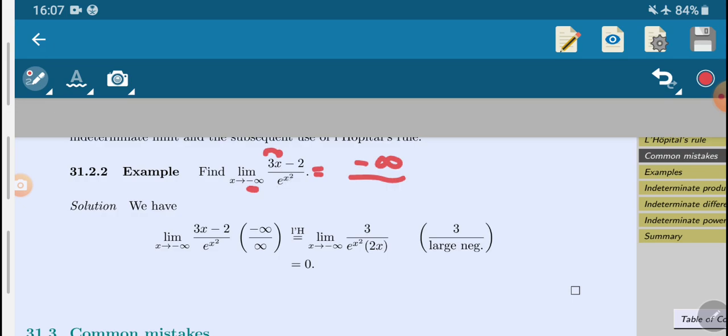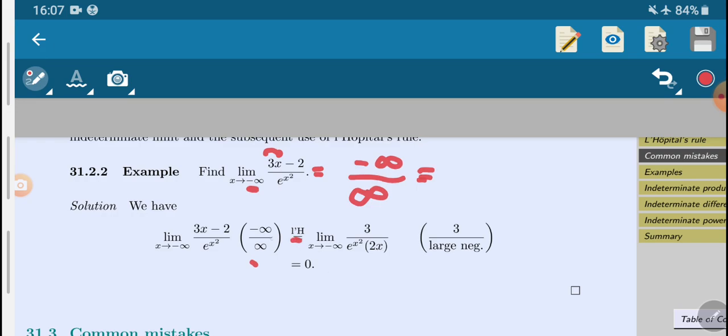E to the power of negative infinity squared is infinity. Infinity over infinity means indeterminate. So we have to resolve it using several ways, but the easiest is the L'Hopital rule.